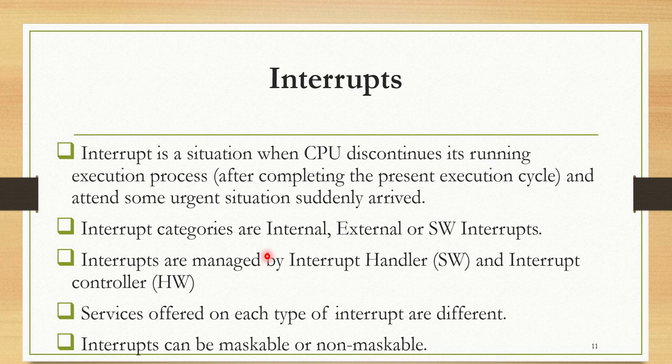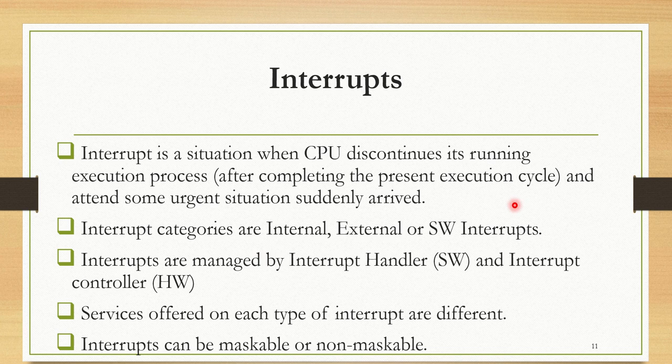Your program is running at some stage, and you have given some display or print command. At that time it raises an interrupt and informs the CPU that some printing job has come. What has to be done? That type of interrupt is called a software interrupt.